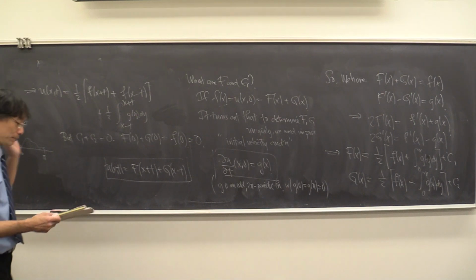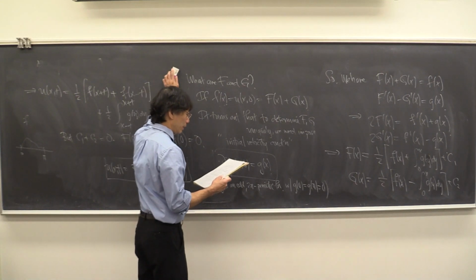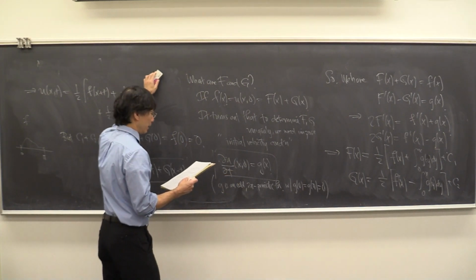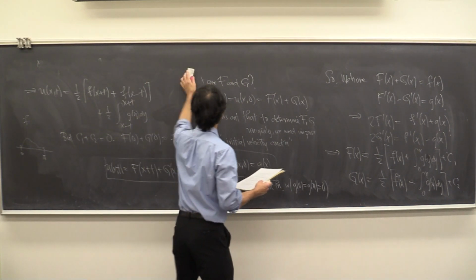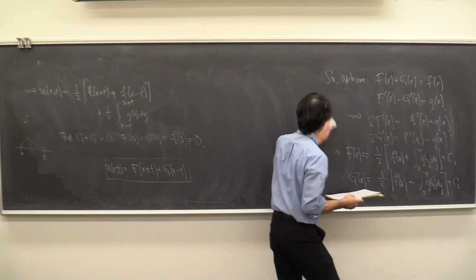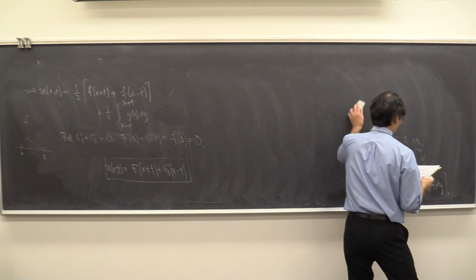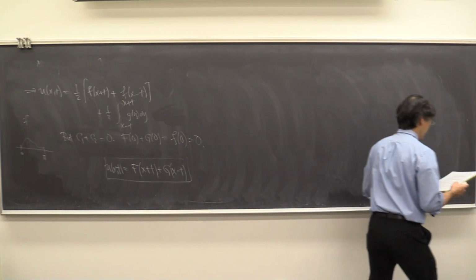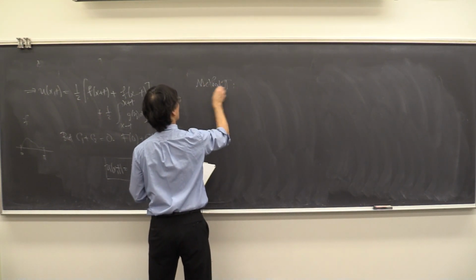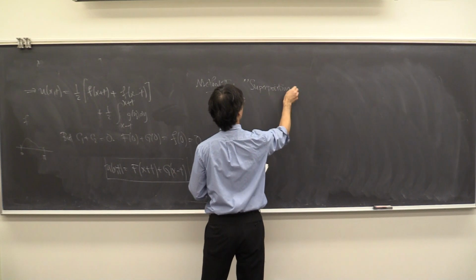Okay, so that's one way of thinking about the problem, and then there's a second way, which leads to Fourier series. Okay. And so method 2 is called superposition of standing waves.